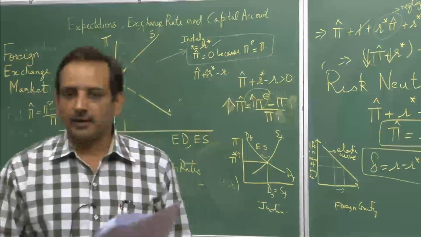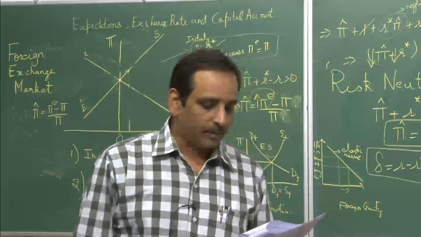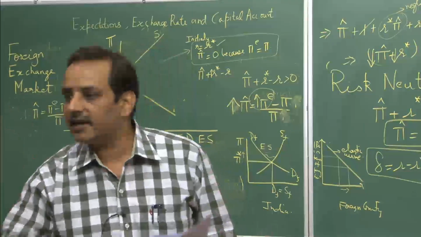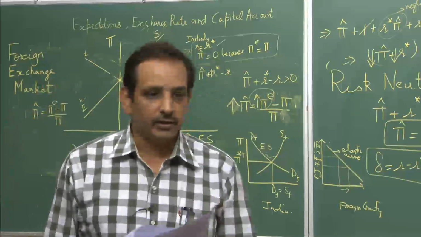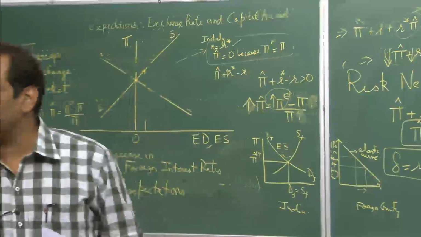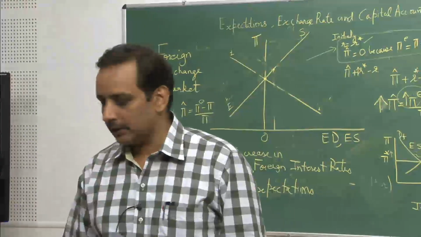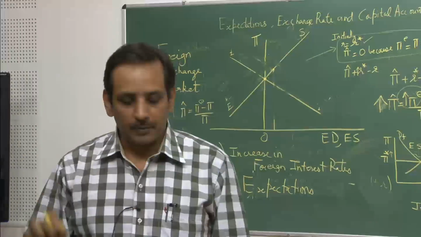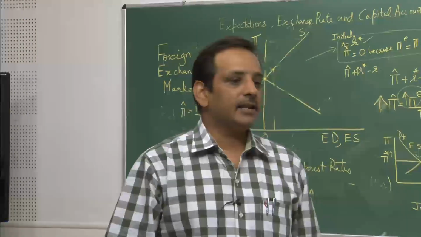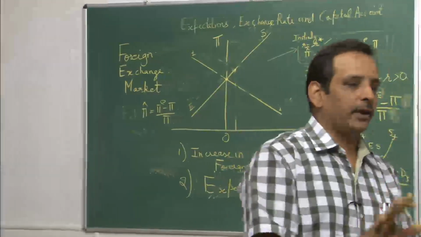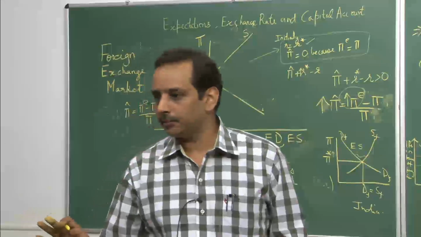foreign currency would appreciate, your currency would depreciate. You had expected investors to buy currency at P dash and sell it at P star, and if indeed the ES curve after a year's time shifts to E star S star, it brings stability in the foreign exchange markets. If in actual practice the ES curve had remained ES, only in that case would it bring instability in the system.